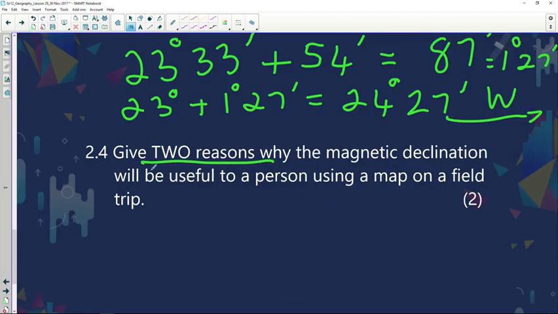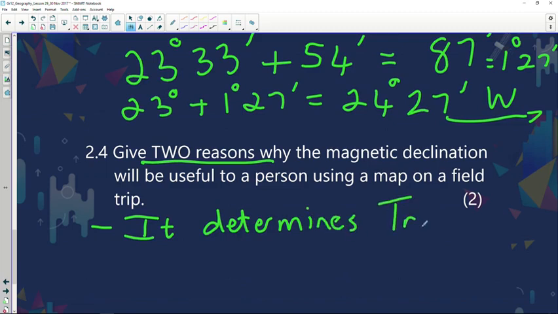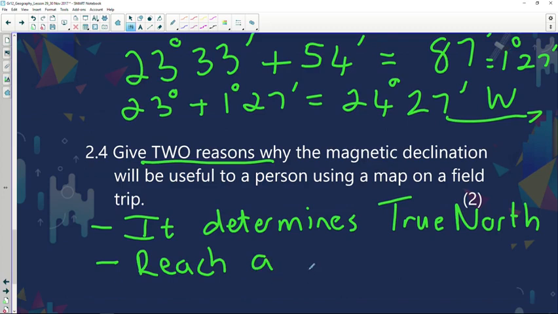Give 2 reasons why the magnetic declination will be useful to a person using a map on a field trip. First of all, it determines true north, because unfortunately, if you use a compass, it shows you magnetic north. And secondly, it helps to reach a destination using a compass.